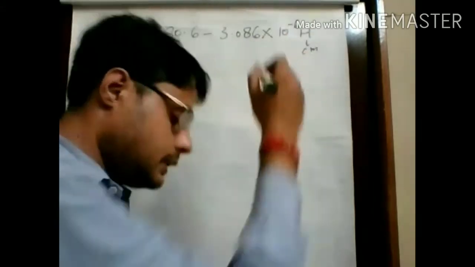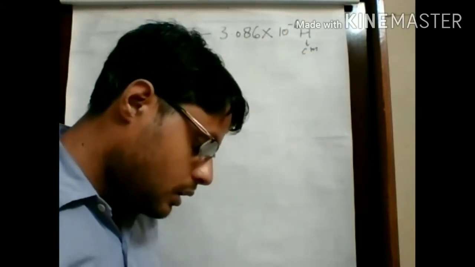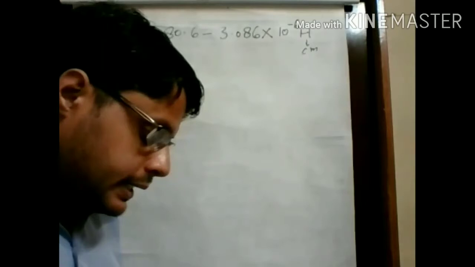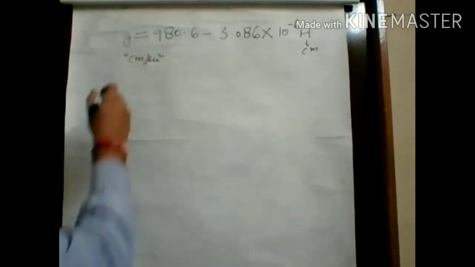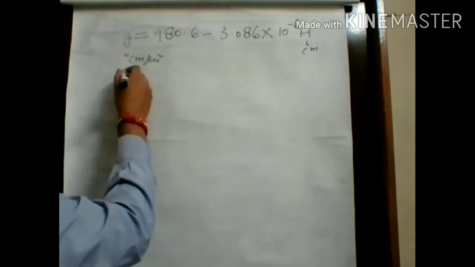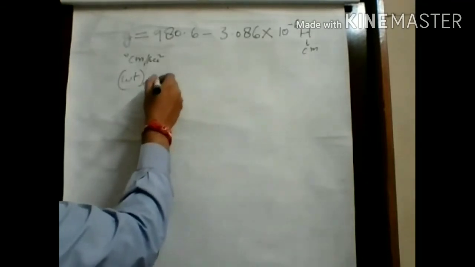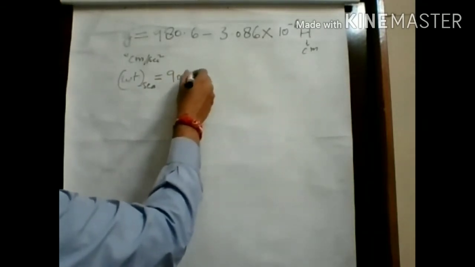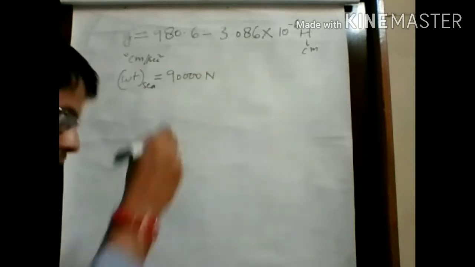If an aeroplane weighs 90,000 Newton at sea level, the weight of the aeroplane at sea level is 90,000 Newton.